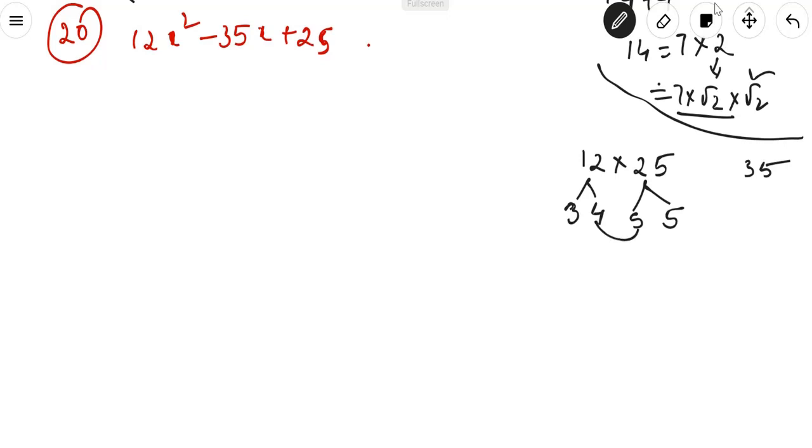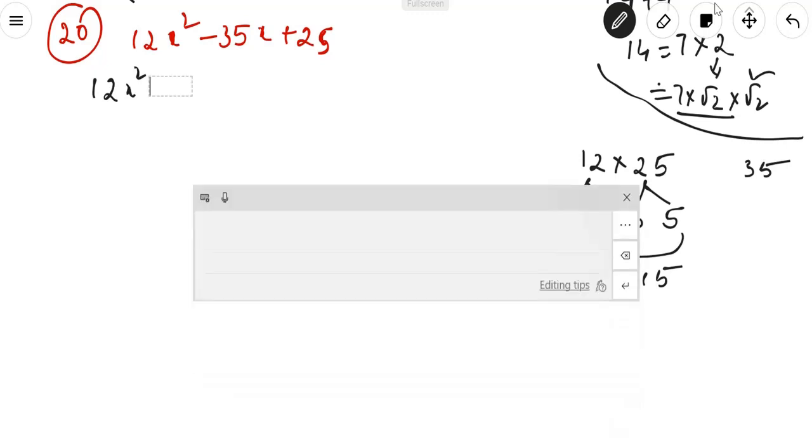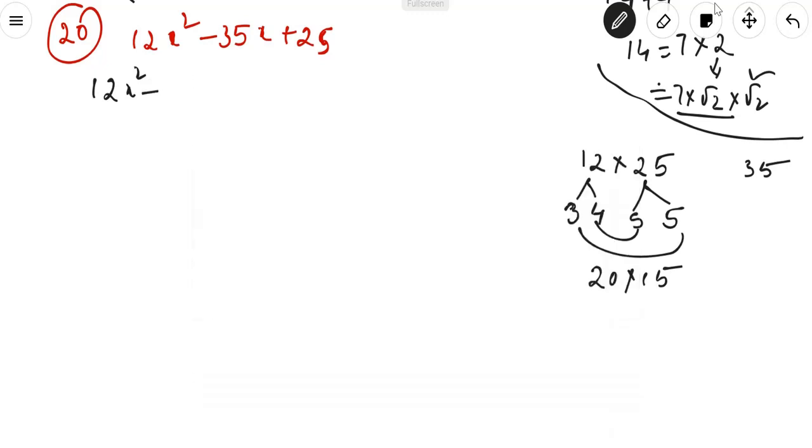If I multiply these two terms and these two terms, that is 20 into 15. Okay, so 12 x square. Which is the greater term? I will take that term as minus. So minus 20x plus or minus. I have to take both the terms minus because you have minus here and plus here.